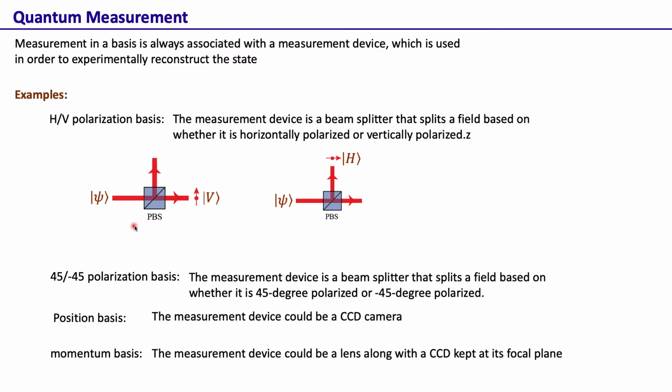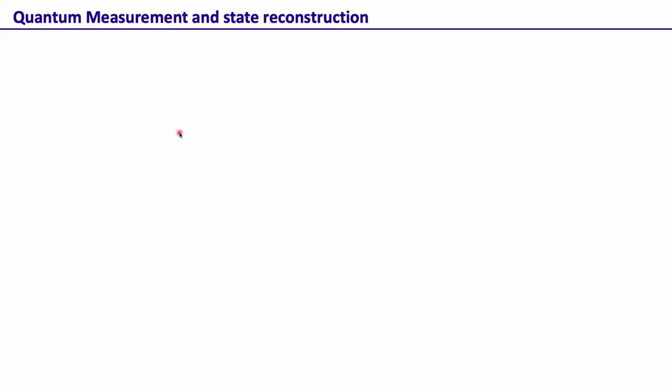So measurement in any given basis is always associated with a measurement device. Sometimes the device is easily available, sometimes it may not be easily available or may still be part of emerging technology, but there always has to be a measurement device associated with the measurement in a given basis.